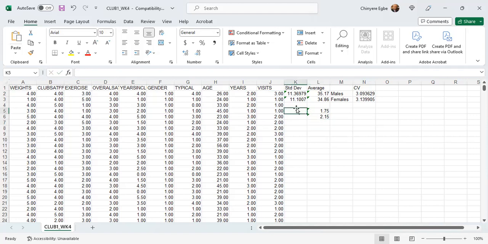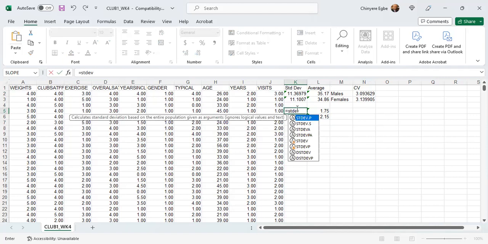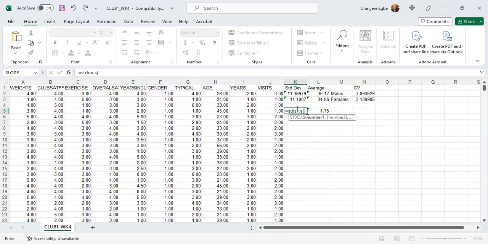Let's calculate the standard deviation. Equals ST dev dot S J2 to J369.